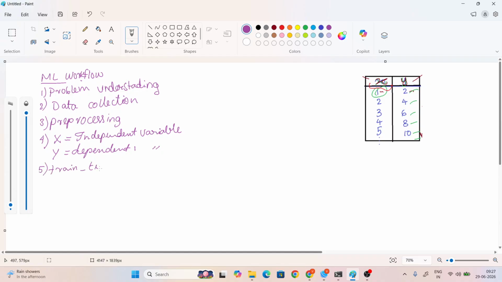Train test split. First you have to train the data and then send it for testing. So guys, in our home we are cooking rice, right? Do we check a little amount of rice to see if it is cooked or not? Yes.